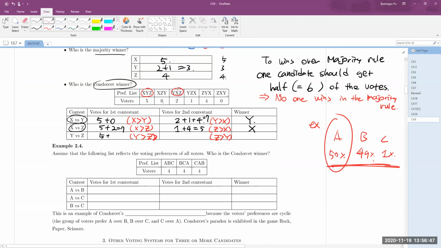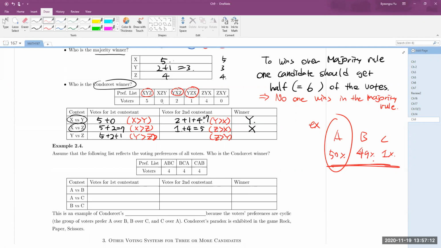And voters in YXG also think that Y is better than any of the candidates, so you need to add those 2 people in the first cell again. And voters in YGX also think that Y is better than any of the candidates, so you need to add the number 1 in the first cell also.